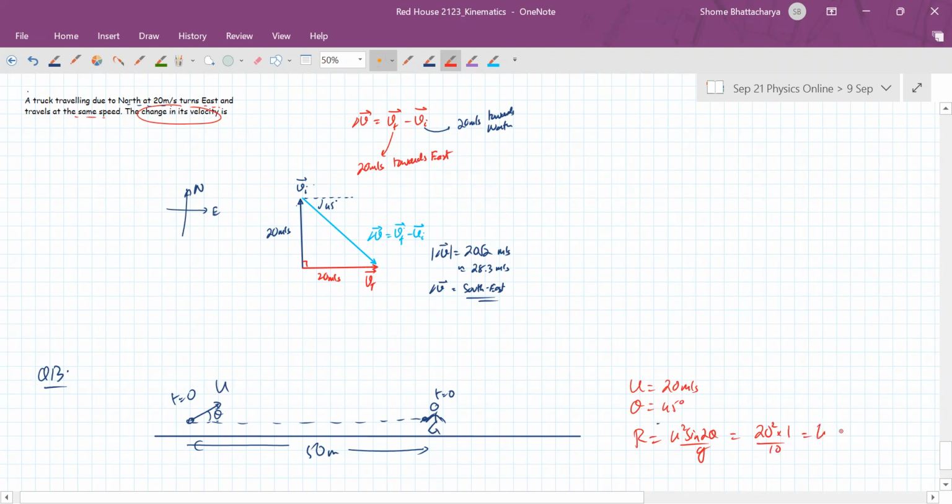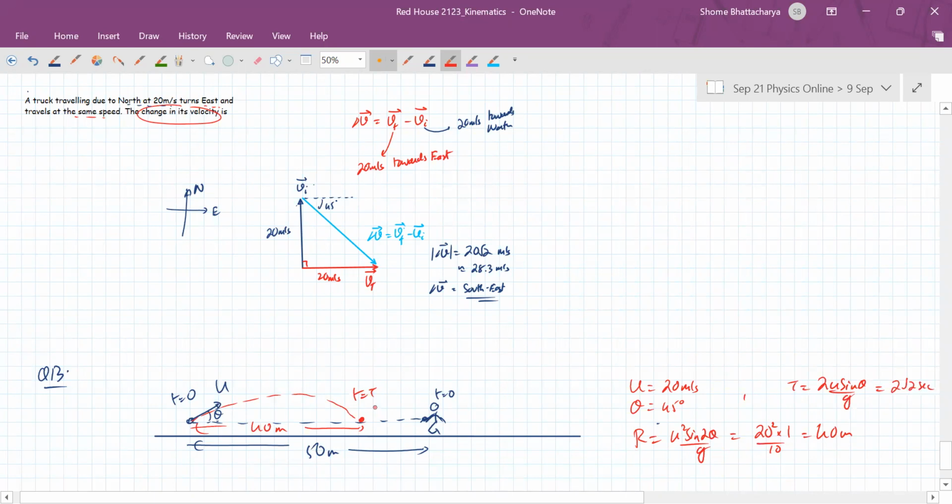So it is 40 meters, right? So that means the ball will land somewhere here at t equal to capital T. So that will be 2 seconds.